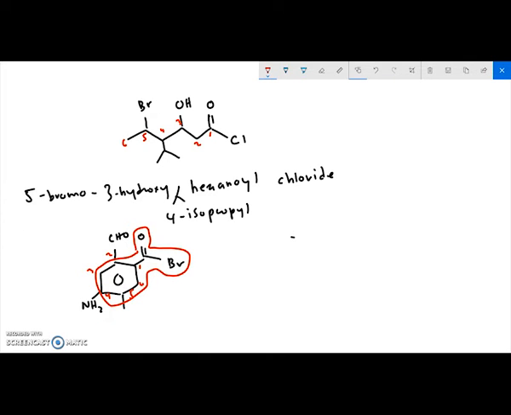So let's write down the parent name first. It is benzoyl bromide. And of course, we're going to list every substituent that we encounter. We're going to start off with amino, which is located at carbon number 4.